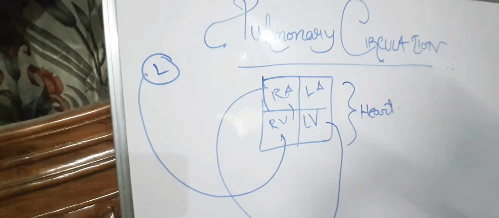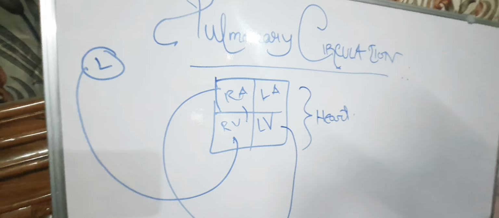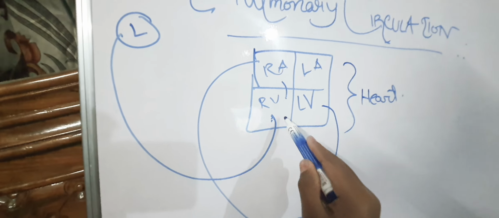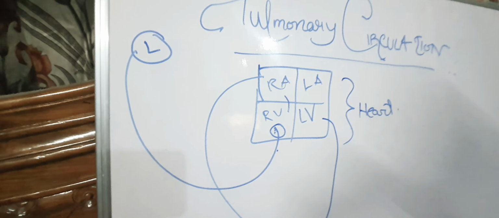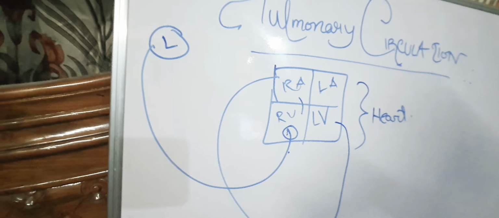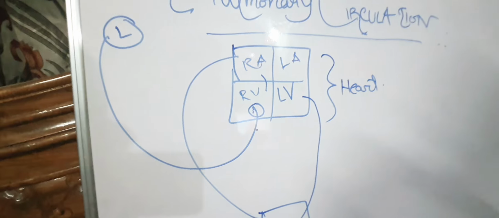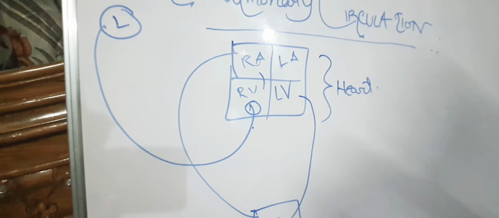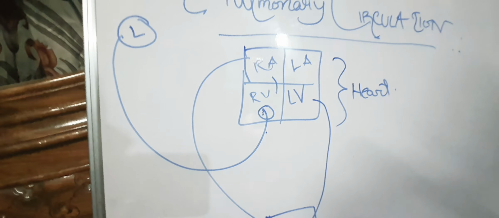As per the rules of biology, this will be an artery, because the blood vessel which carries blood away from the heart is always an artery. Whether it carries oxygenated or deoxygenated, they don't bother. They just bother that the blood should be carried away from the heart.